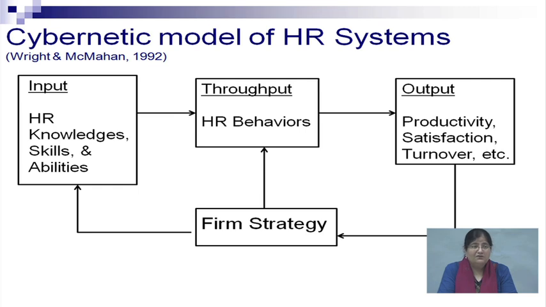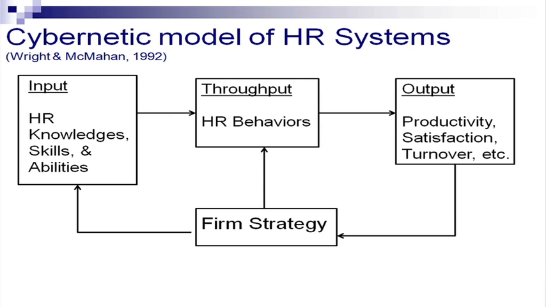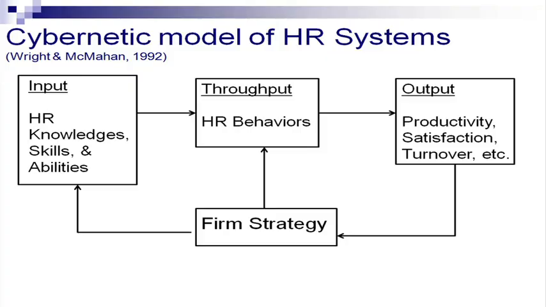Throughput is HR behaviors that help us follow due process, and the output is productivity, satisfaction, turnover, profits, etc. Now, these in turn feed into the firm's strategy, and there's constant input, constant feedback going into each of these stages in and through the evaluation and revisitation of the firm's strategy, and that completes the loop.